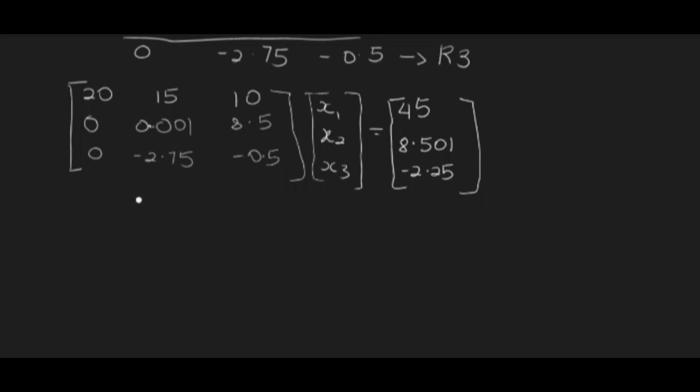So see, you have 0.001 all over itself, 0.001 times negative 2.75.